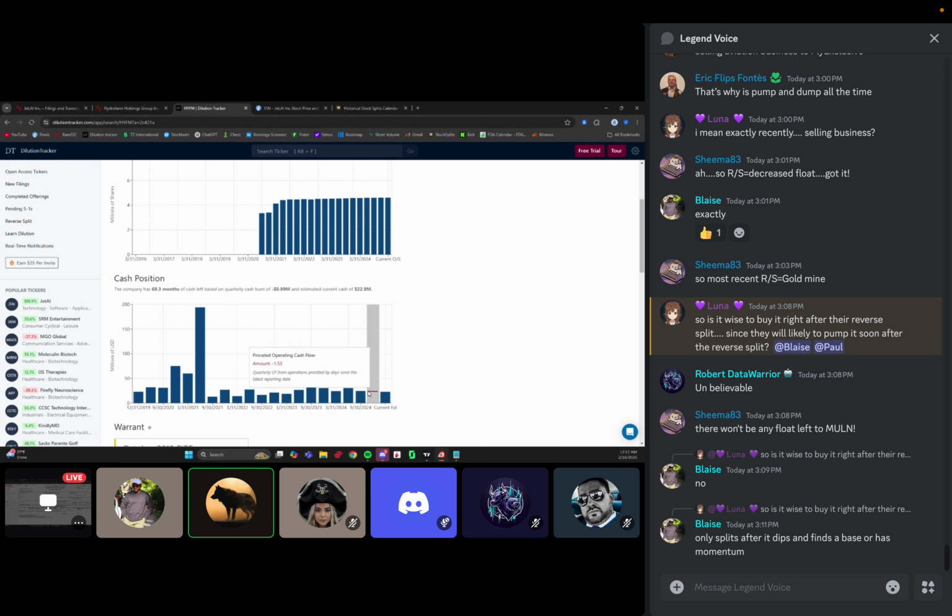And look at this, the current report is every 3 months. So in December 2024, they were operating at minus 1.53 million cash. And now somehow they raised capital, 22 million.